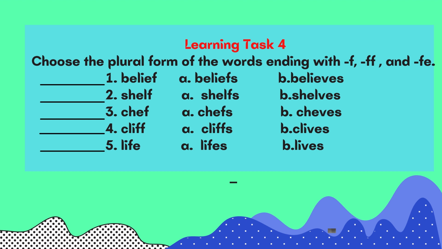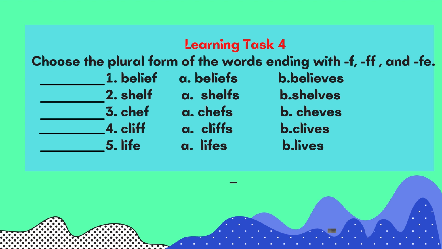So this time you are going to choose the plural form of the words ending with F, double F, and FE. So you are going to choose the letter of the correct answer and write it on the blank before each number.